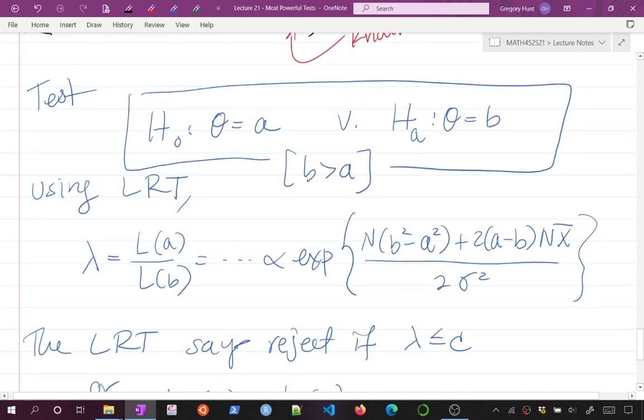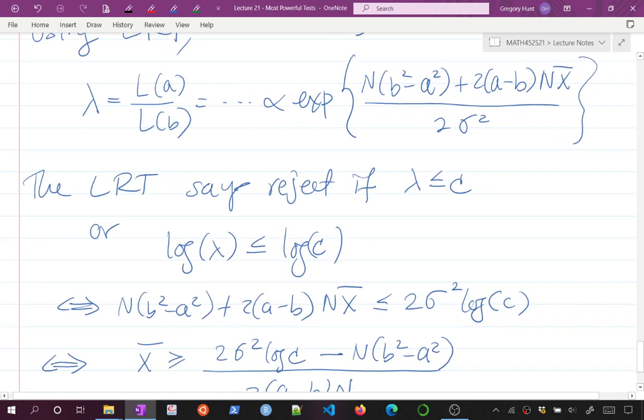And that makes sense, because if my x bar is large enough, I'm going to think that actually the alternative is true, that my mean is the larger value b rather than the smaller value a. And if it's not large enough, I'm not going to reject. So it makes sense to reject if x bar is too large.